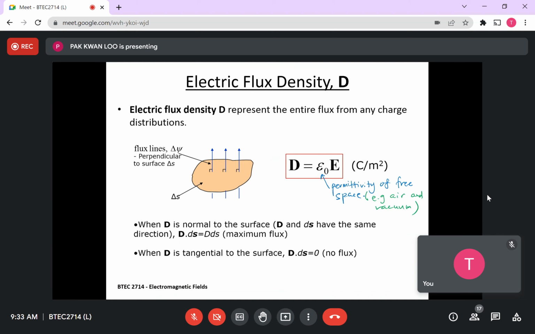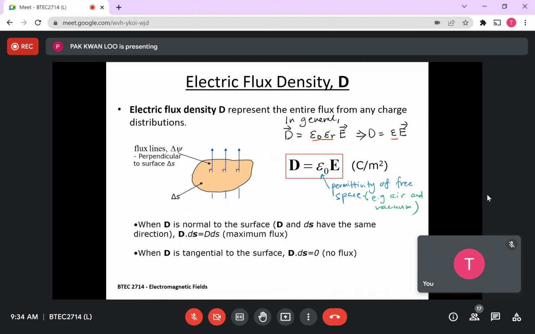This relation holds, and in general terms it can be written in a more general form: D equals epsilon naught epsilon r multiplied by E, which is D equals epsilon multiplied by E. Here epsilon r is the relative permittivity of the medium, the medium where the electric field exists.